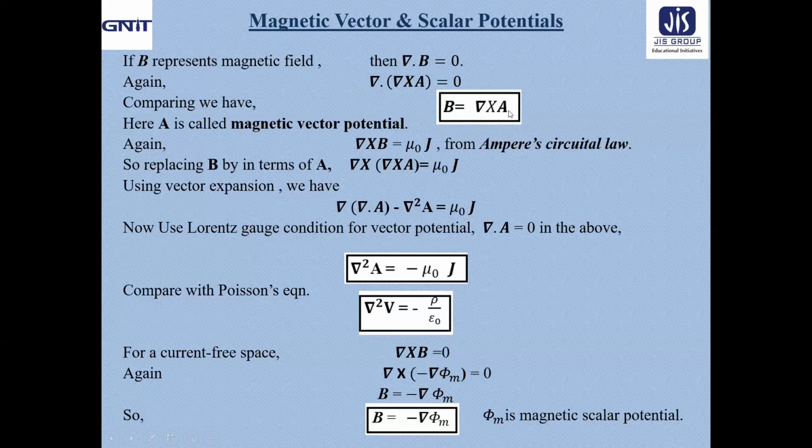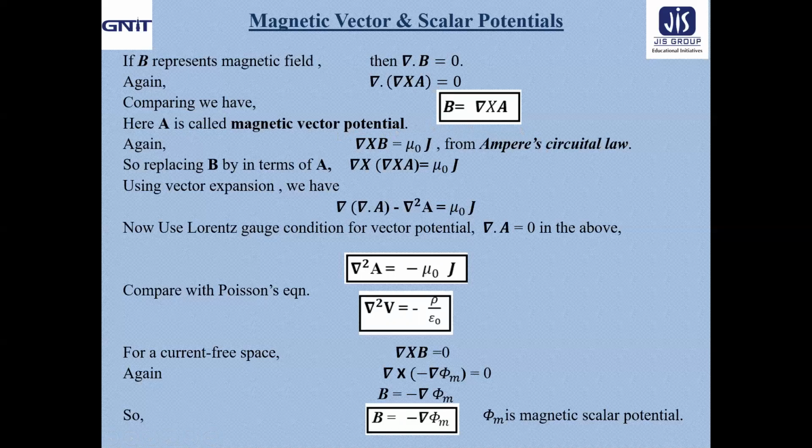That means it must be a potential. And it is a vector potential because you are using the curl, a vector operation. That's why A must be the magnetic vector potential. Let us cross check it.